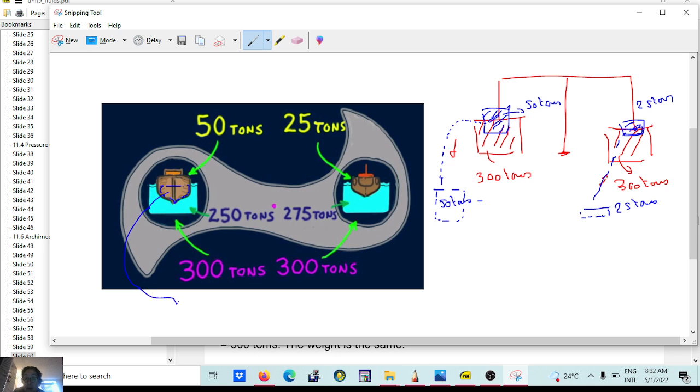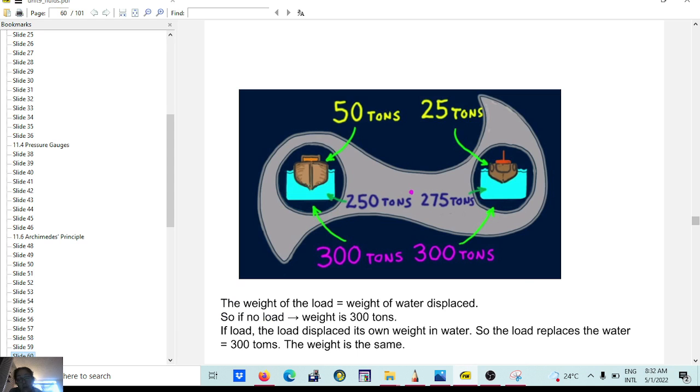So only the part that is submerged will be exactly the weight of the whole boat. Here I have a smaller part that is submerged because it's not as heavy, so it does not need to displace as much water, but that part will be in water weight exactly the weight of the load. Isn't that interesting? It's quite amazing.